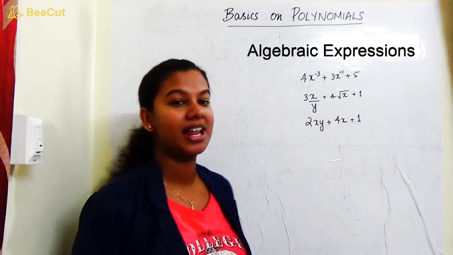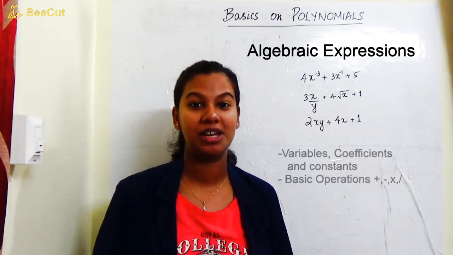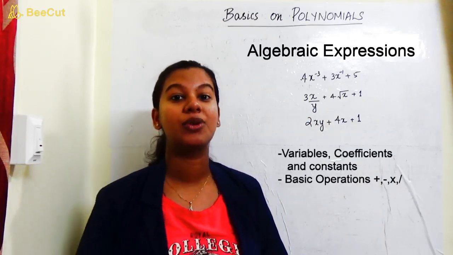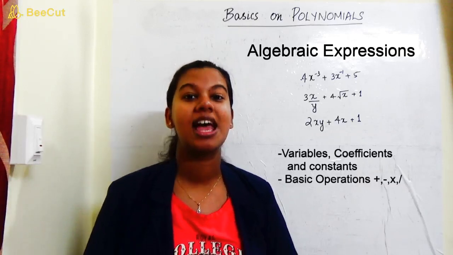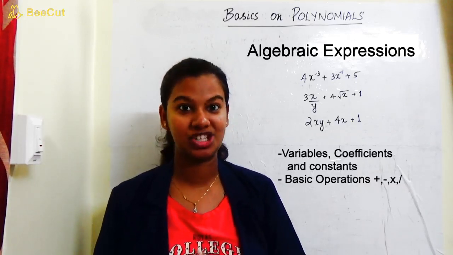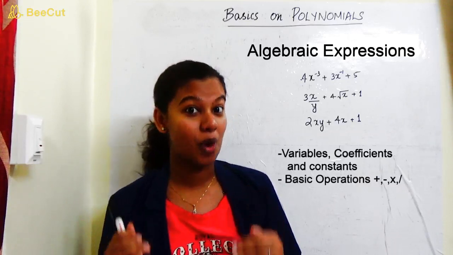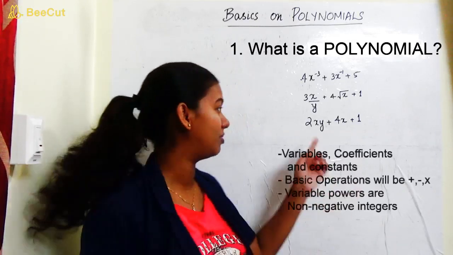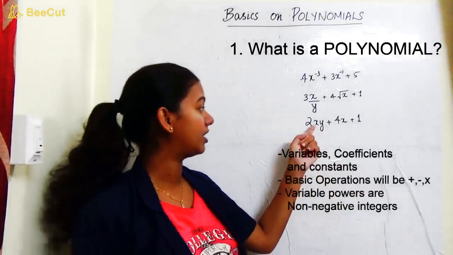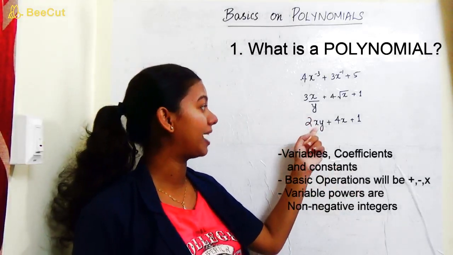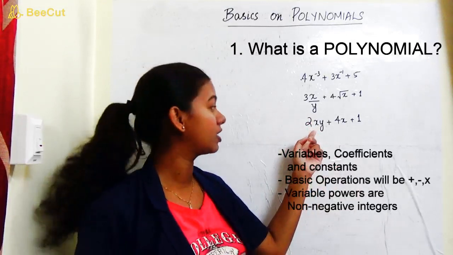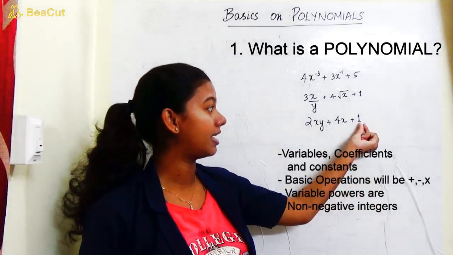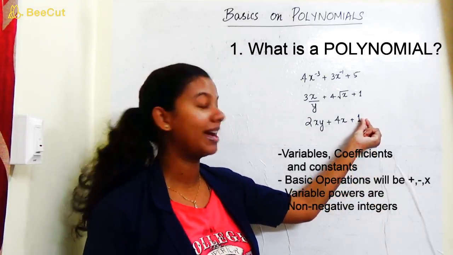First of all, an algebraic expression will contain variables, coefficients, constants, and the basic operations such as addition, subtraction, multiplication and division. But a polynomial will contain variables, that is the unknown variables such as x and y, coefficients, that is the number which is multiplied by the variable, and constants, which are not multiplied by any variable.